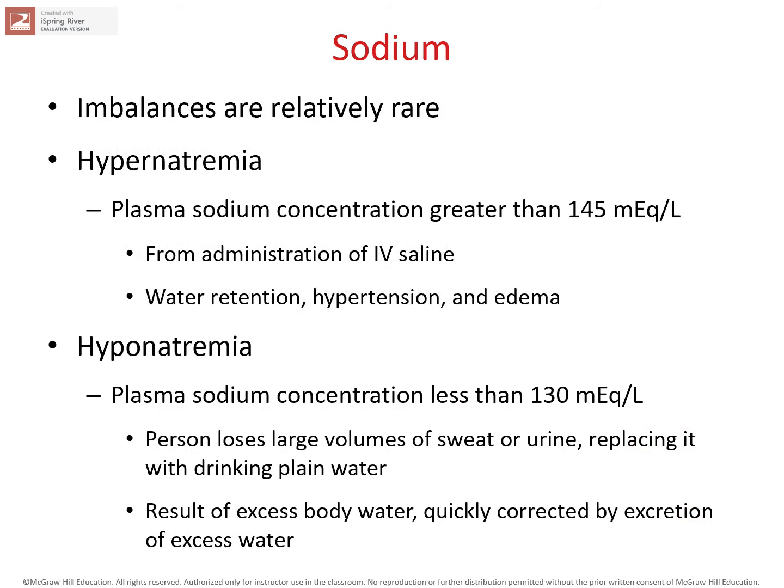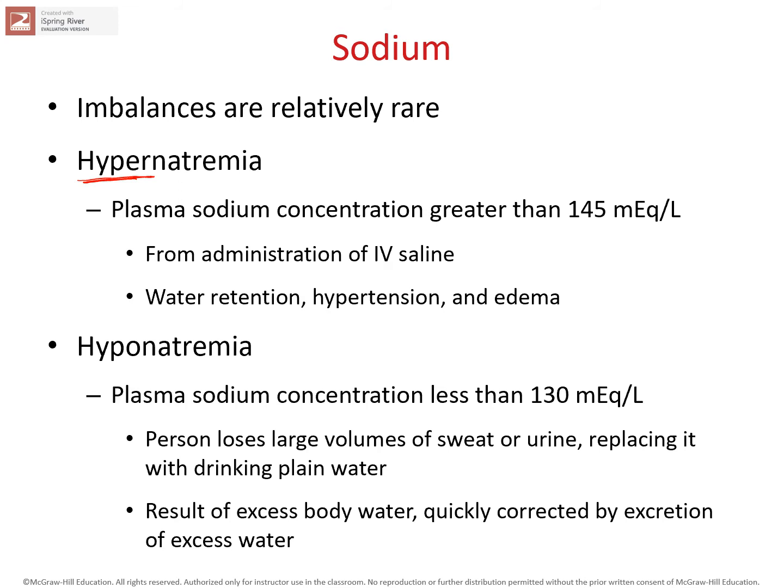So sodium imbalances are very, very rare. When you have very high levels of sodium in the bloodstream, it's called hypernatremia. Now, when they measure electrolytes, they are really looking at the electrolytes in the extracellular fluid.